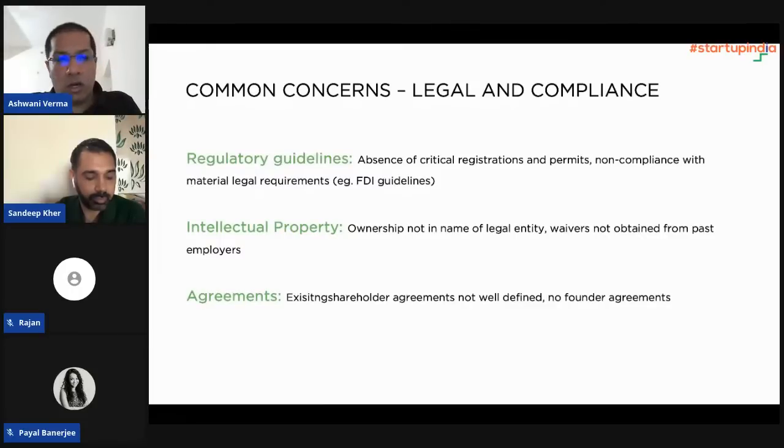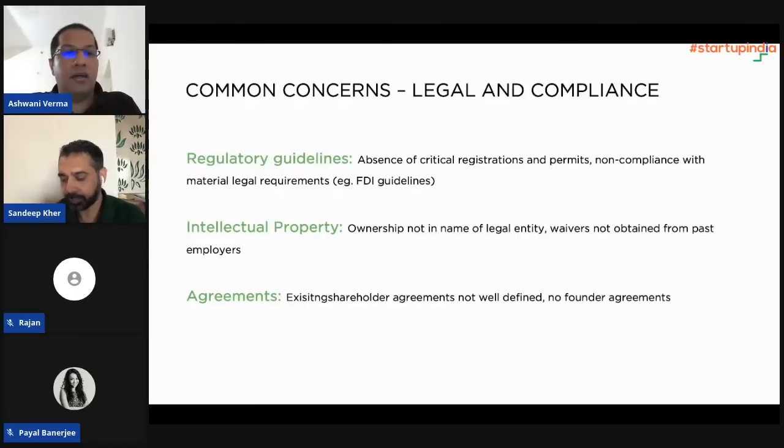There are a lot of other aspects as well, which are very thoroughly checked, and every investor would definitely check before the investment is made. Be it the structuring of the company and its group companies, because we have seen a lot of early stage investments as well. There are holding company and subsidiary company structures, and they all are operating sometimes in different geographies, so different sets of laws apply.